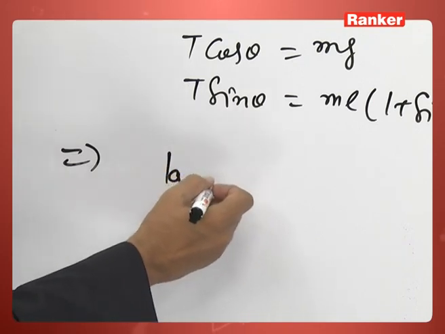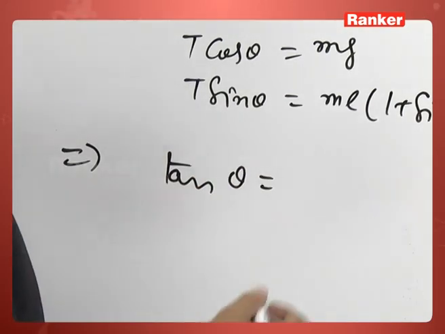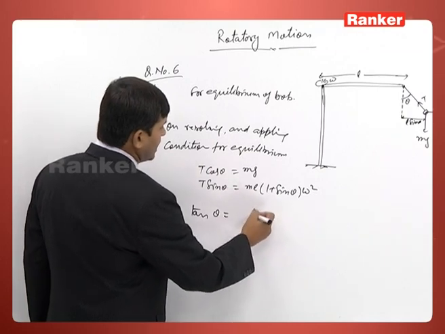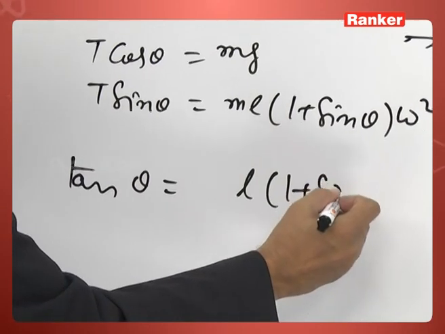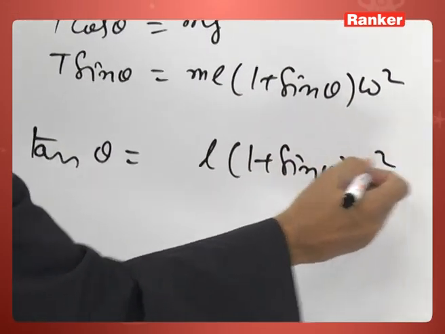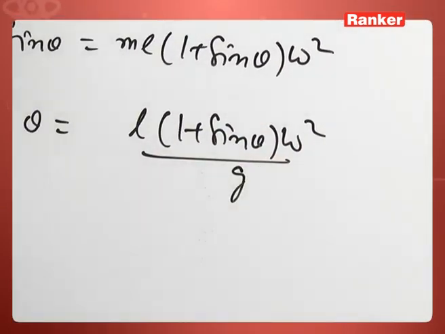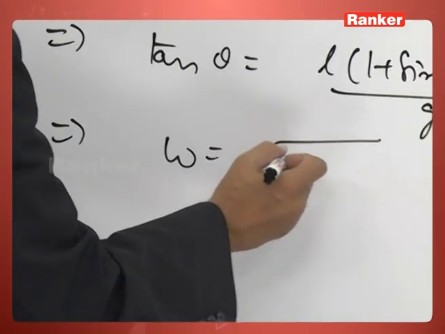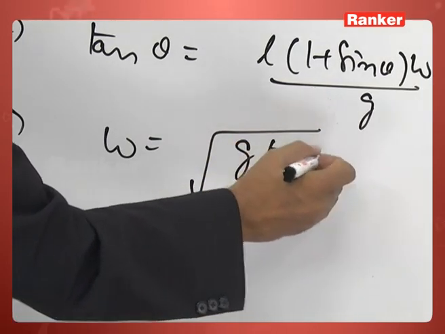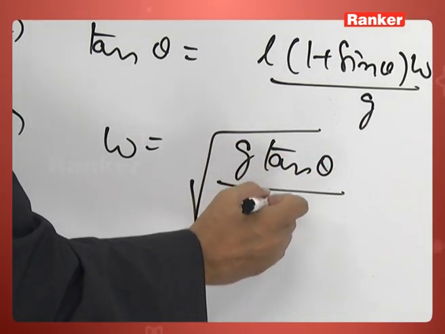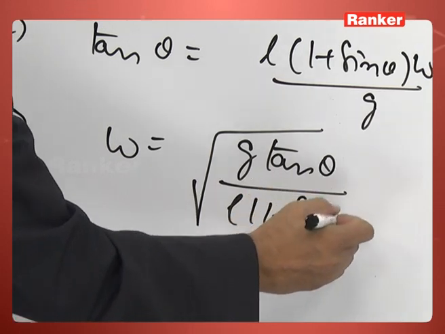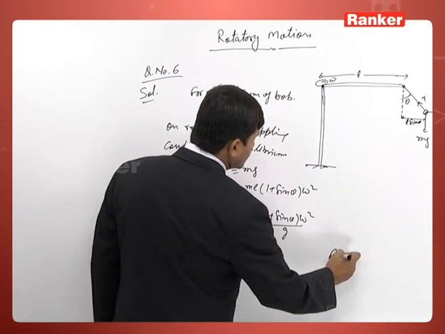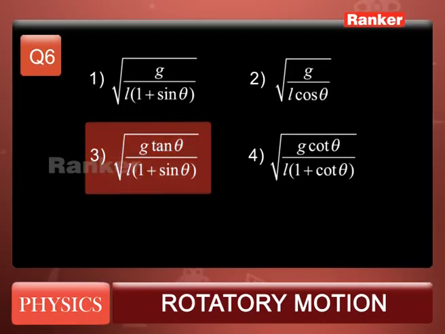Tan theta is equal to L (1 plus sin theta) omega square by g. So omega is equal to root over g tan theta by L (1 plus sin theta). So finally our answer is answer number 3.